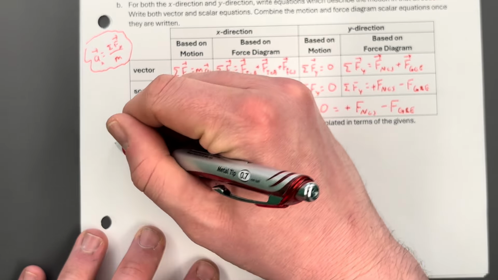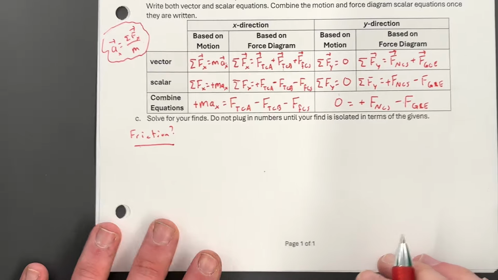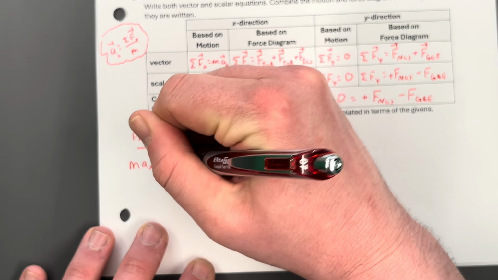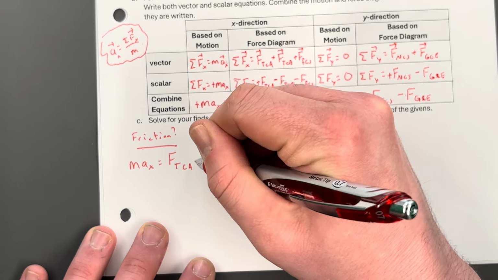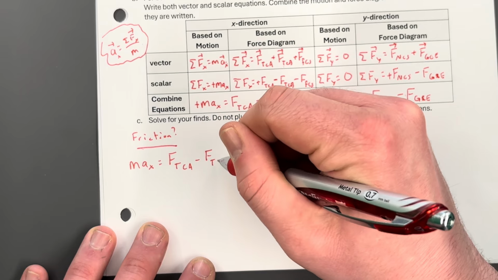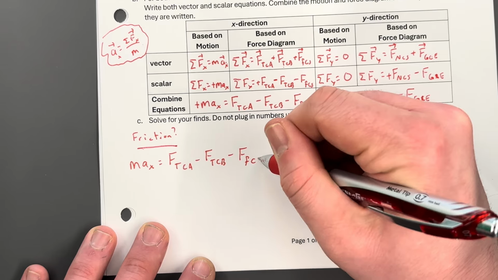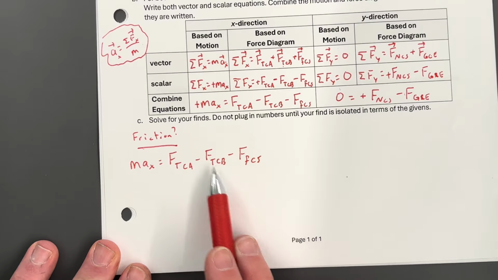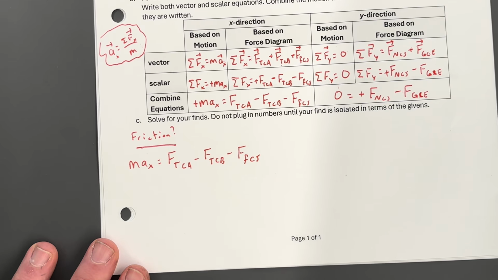Let's look for the friction. I'm going to start by rewriting that equation. We have MAx equals tension minus other tension minus friction. The algebra to isolate this looks like adding this to the other side of the equal sign and subtracting this. So let's go ahead and do that.